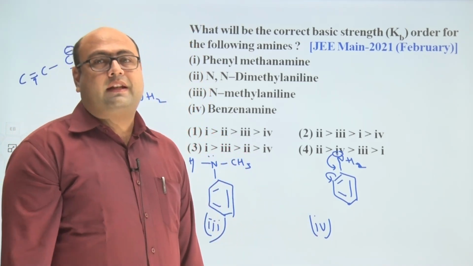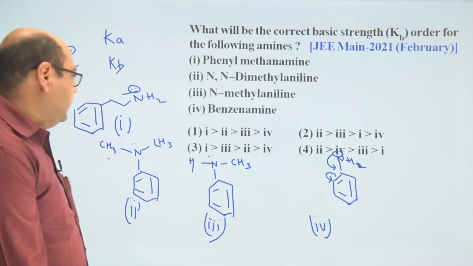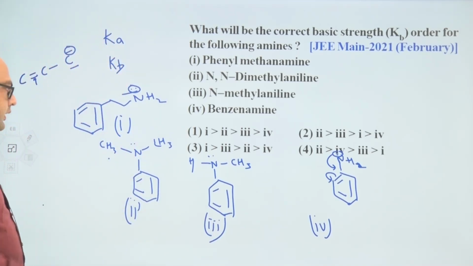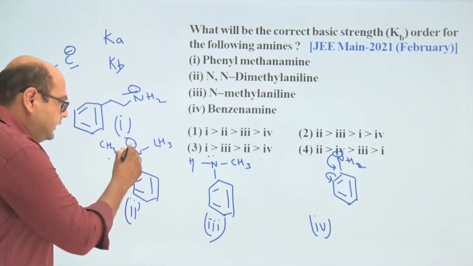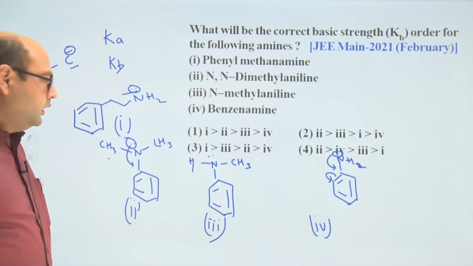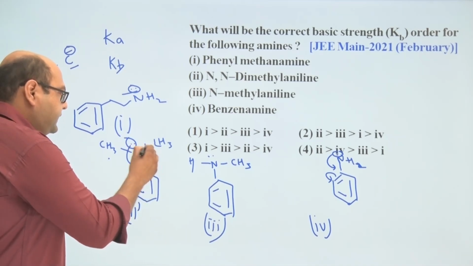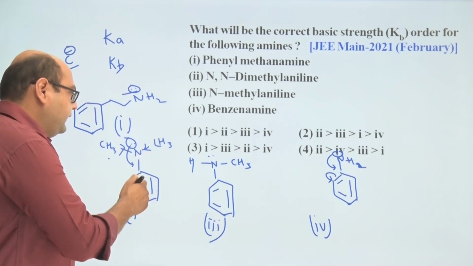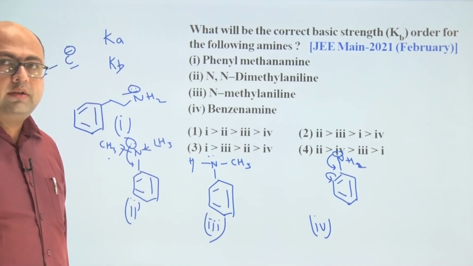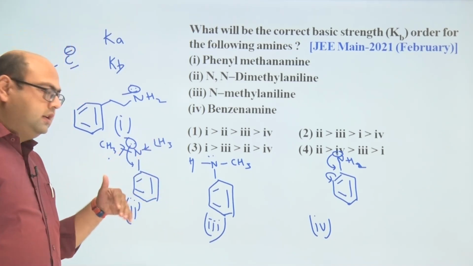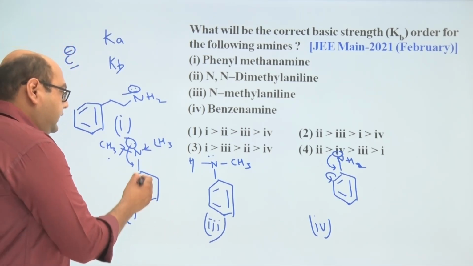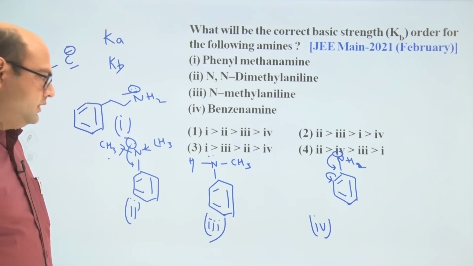Thus its basic strength will be very low. In the second option, the lone pair of nitrogen can be involved in resonance with the benzene ring, but there is also a plus I effect from the methyl groups. Due to this, the electron density on nitrogen increases and it can donate the electrons more easily. Thus it also has a good basic strength.